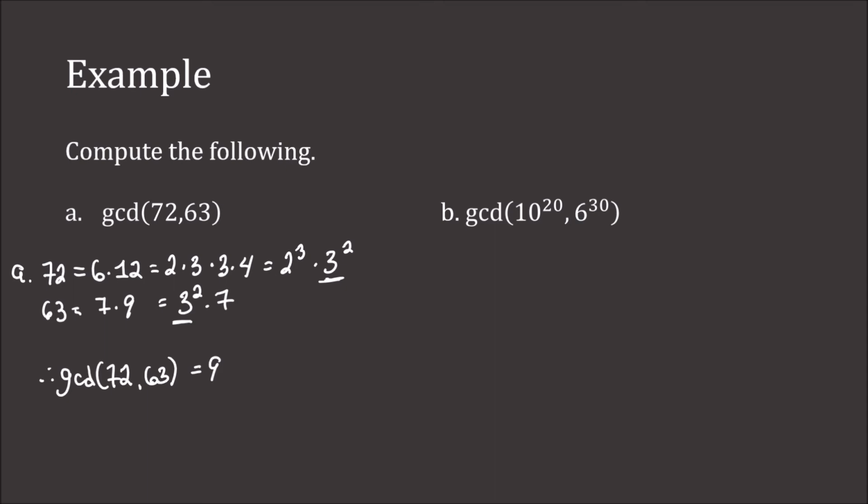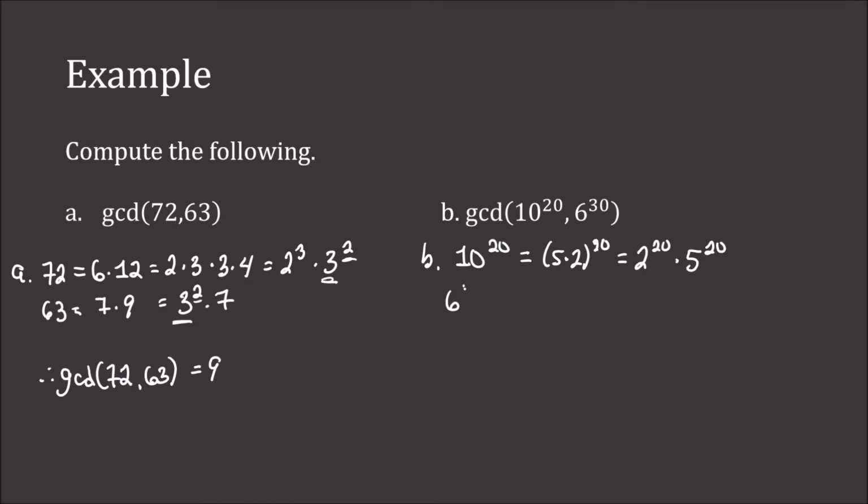Right, so notice what I did. I looked for each prime factor and took the smallest exponent between them. So the smallest exponent of 2 is 0, the smallest exponent of 3 was 2, and the smallest exponent of 7 was 0. So let's do the same general idea for b. So 10 to the 20th can be written as 5 times 2 to the 20th, because 10 is 5 times 2, so it's 2 to the 20th times 5 to the 20th.